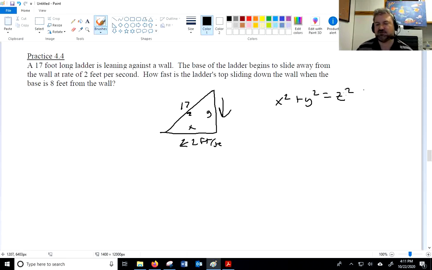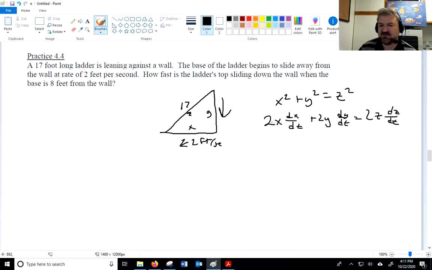Well, we can actually do this one of 2 ways. We know that z is 17, so I could just put 17 squared there. If you don't realize that and you take the derivative with respect to t, I want you to see what would happen. 2x dx/dt plus 2y dy/dt equals 2z dz/dt. But then at this moment, you've got to realize, well, what is dz/dt?